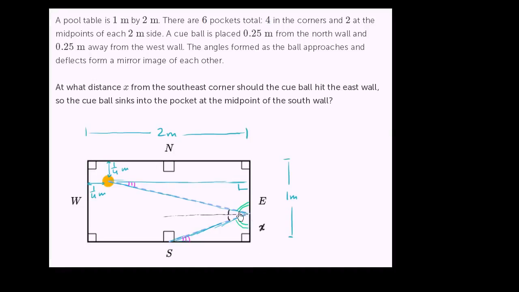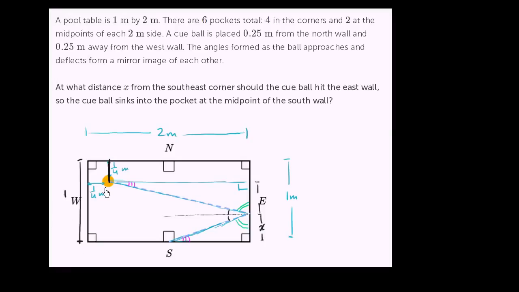Let's figure out what we know about these triangles. That distance is x. Now what is this distance right over here going to be? We know that this distance is 1/4 of a meter. We know that this entire distance is 1 meter.